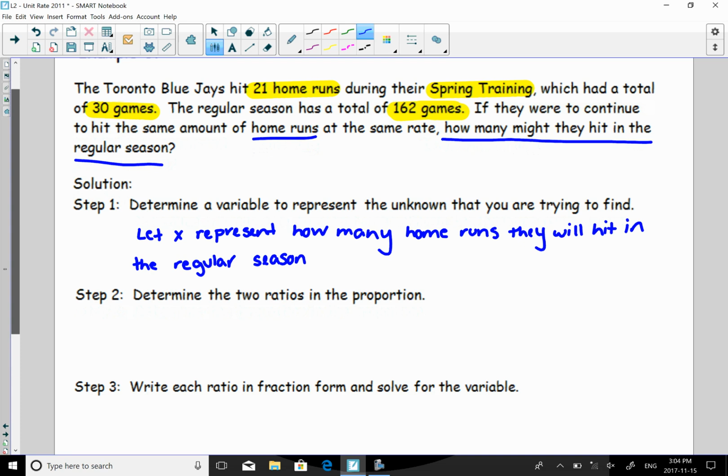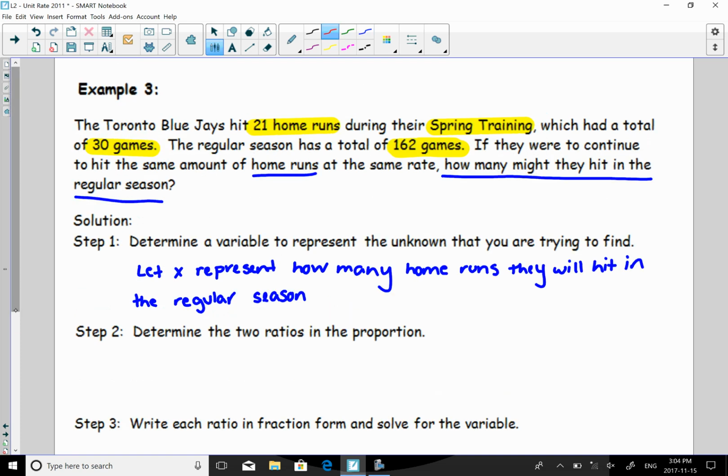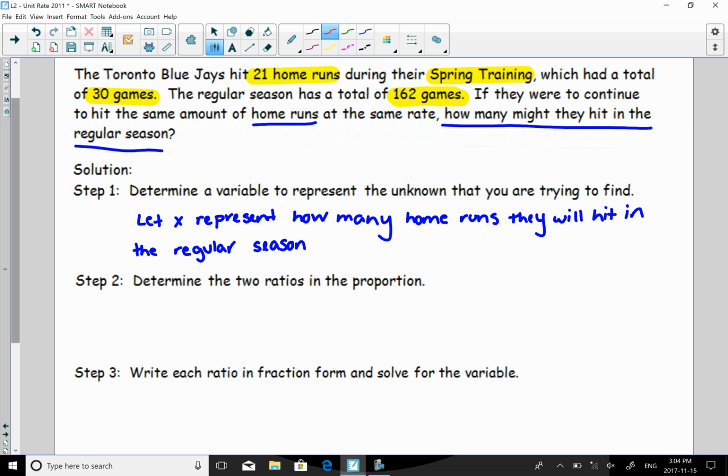Then we're going to determine two ratios in the proportion. So you can write them out as 21 home runs to 30 games is equal to x, because we don't know that, to 162 games. Or you can write it out as fractions right away. 21 over 30 is equal to x over 162.